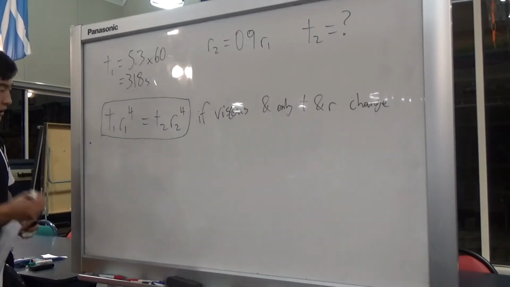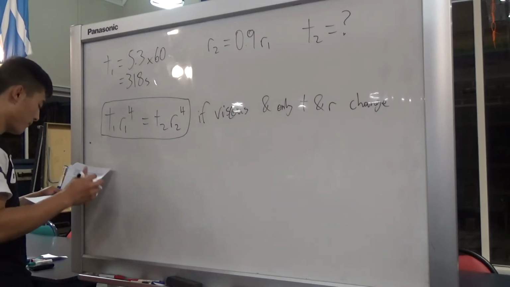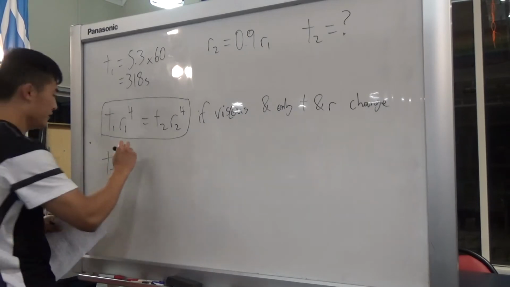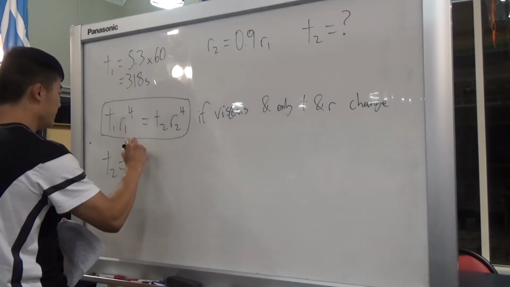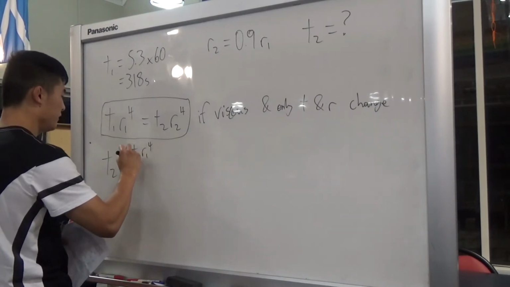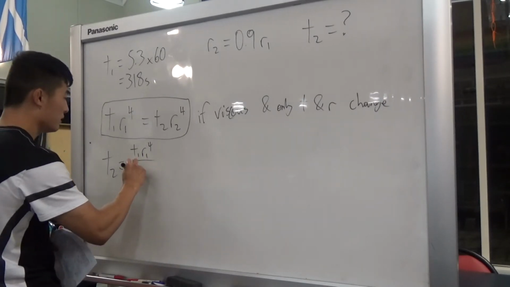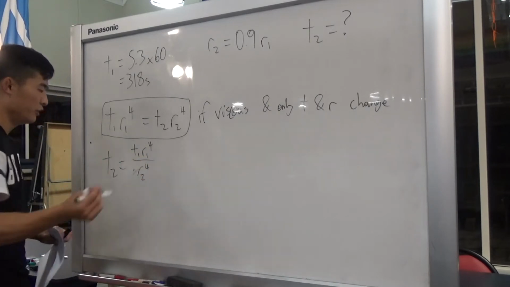Okay, so we want T2 on its own. Just going to go through this a little bit faster. So T2 is equal to T1 times R1 to the power 4 over R2 to the power 4.